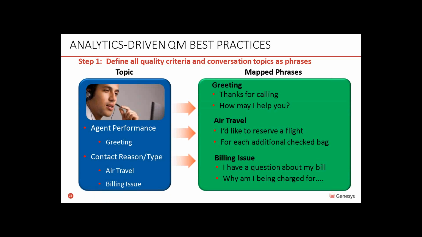So for example, when measuring agent performance and required customer greetings, you could define the greeting as when the agent says phrases such as, "Thank you for calling. How may I help you?" In exactly the same way, you can define every contact reason that a customer might be calling about in your particular business.